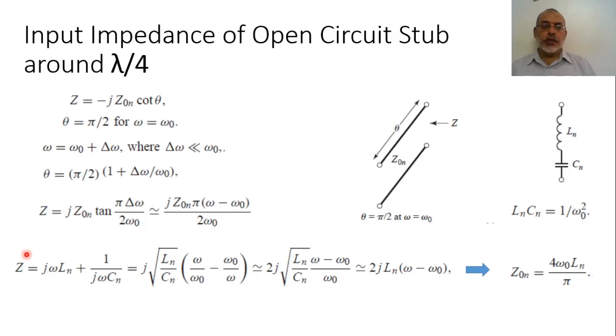So the input impedance from the point of view of the equivalent circuit is j square root of Ln over Cn multiplied by omega over omega naught minus omega naught over omega, which can be represented as 2j square root of Ln over Cn times omega minus omega naught over omega, assuming that the value of delta omega is much smaller than omega naught.